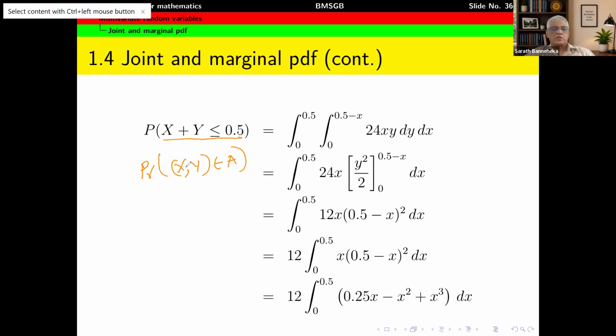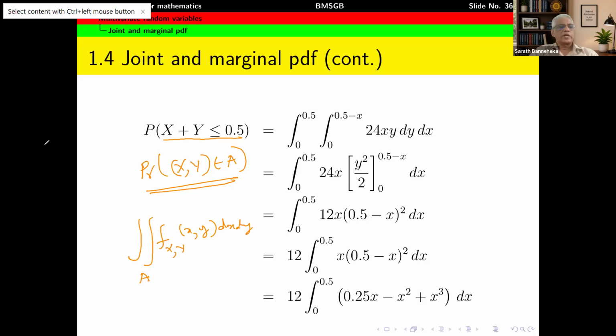Satisfying this condition, right? So if you are finding this kind of expression, what you do is integrate over A, the joint density f(x, y) dx dy. You have to integrate the joint density over this A. It will be a double integration with respect to x and y, satisfying this condition, right?